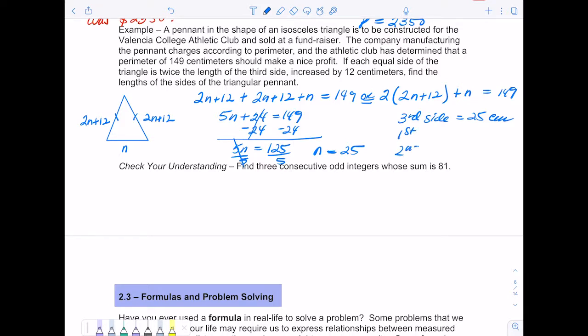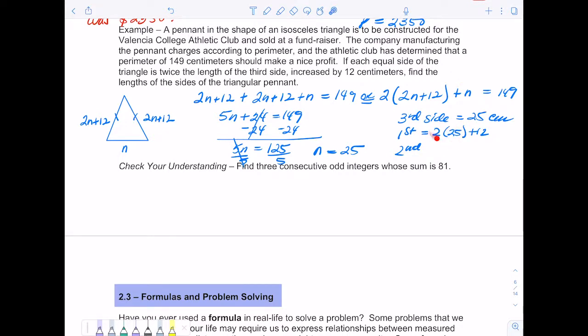The first and second sides are the same. It's 2n plus 12. So I'm going to do 2 times n plus 12 for both of them. Again, I want to do order of operations. I have to multiply before I can add.